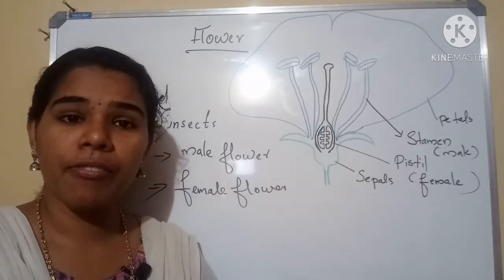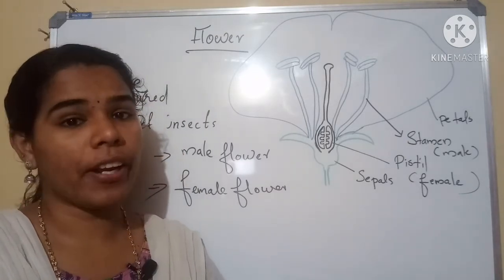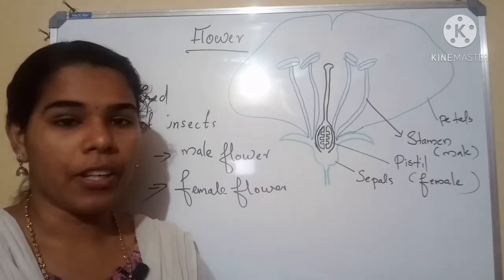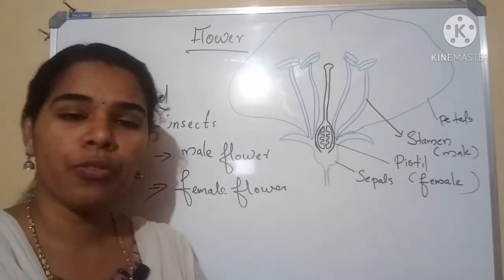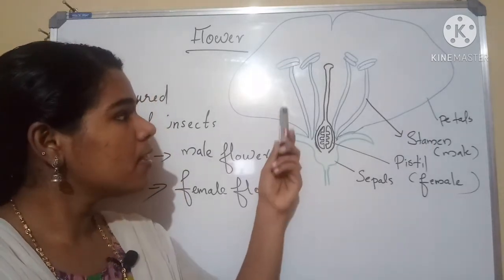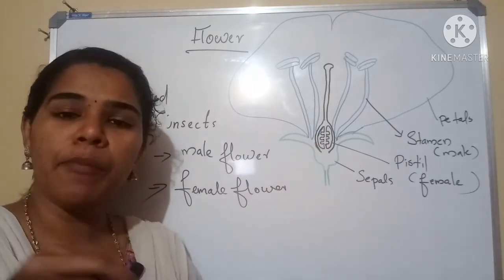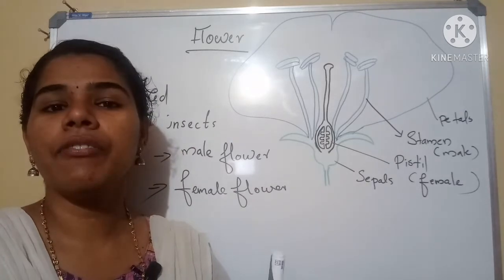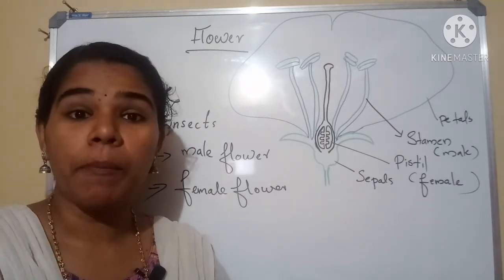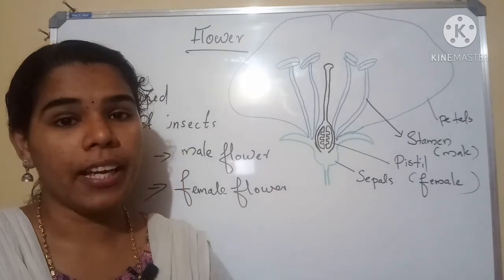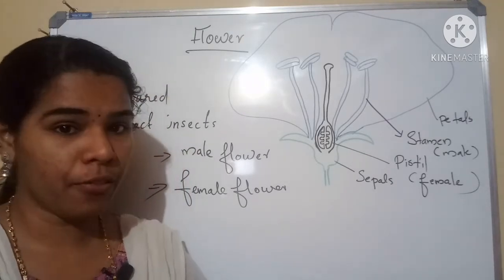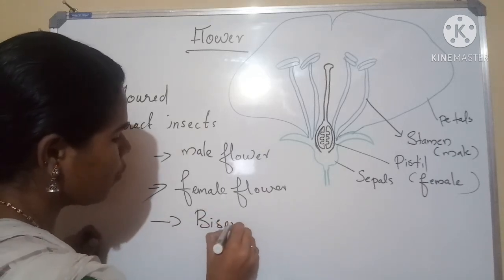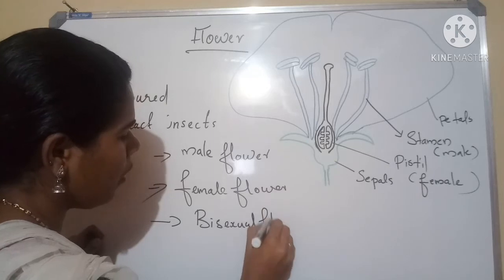But in the case of Malvaceae, for example, lady's finger and shoe flower, we see these flowers contain both male and female sex organs. These kinds of flowers are called bisexual flowers.